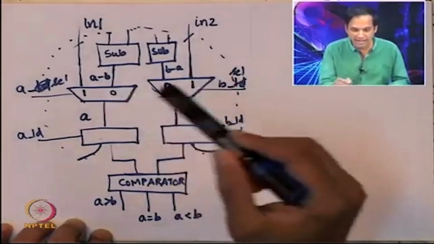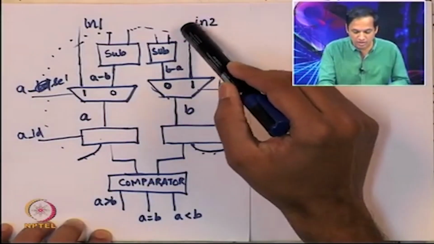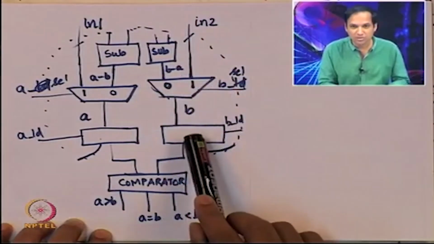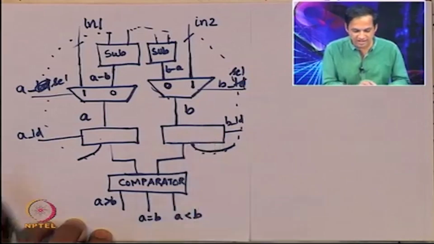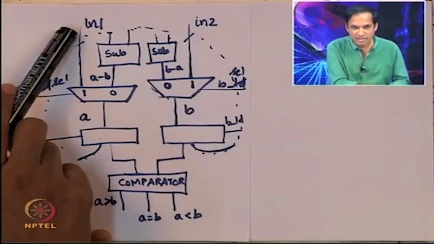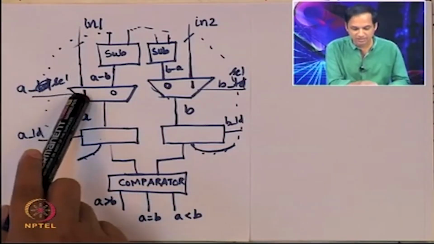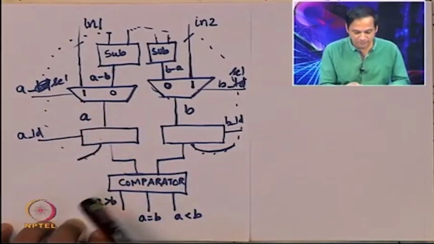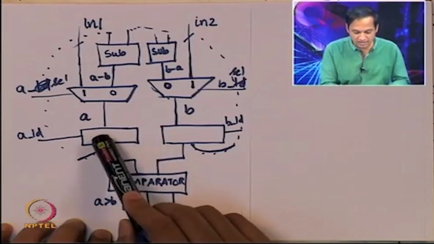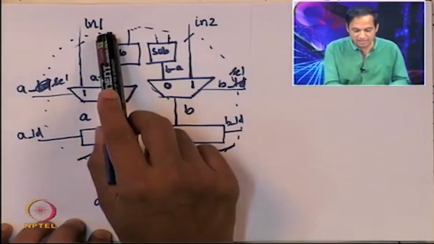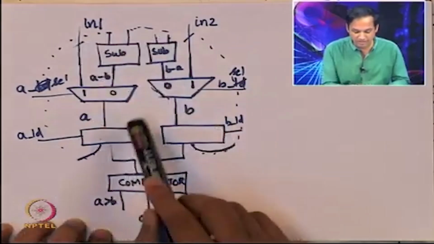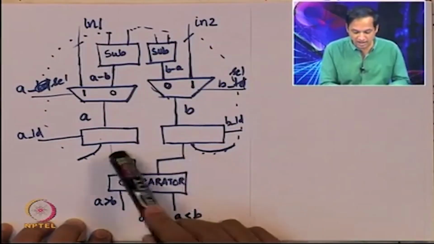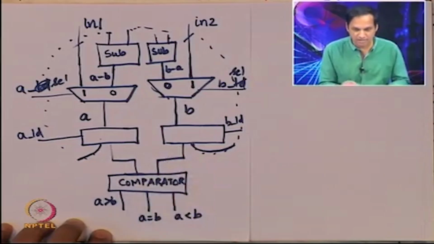But you can see how the data is passing through. It is coming from this line here through the mux into this register, it gets registered there. The value A starts from here, goes through the multiplexer and gets registered here. Once that happens, this A will appear as the subtractor's input in these two places, B will appear at both the subtractor's inputs, and A and B will also appear at the comparator's inputs.